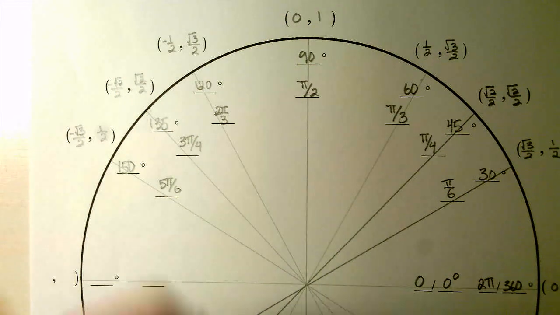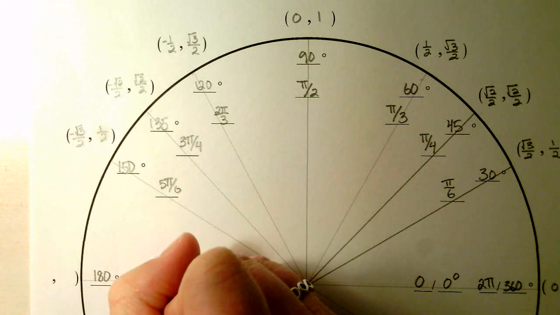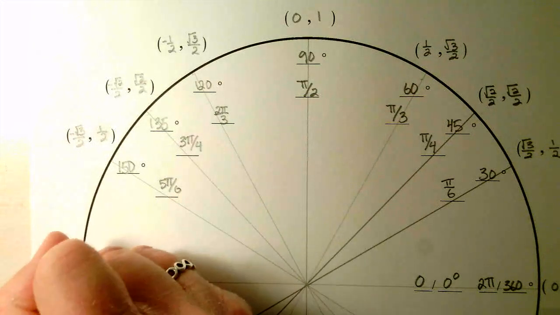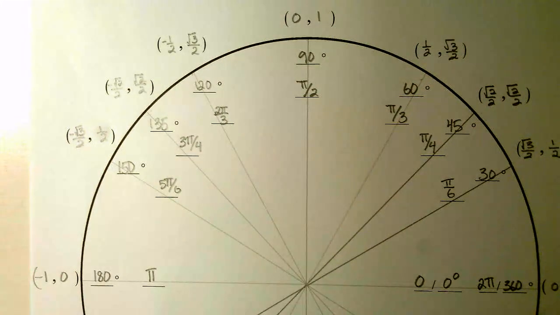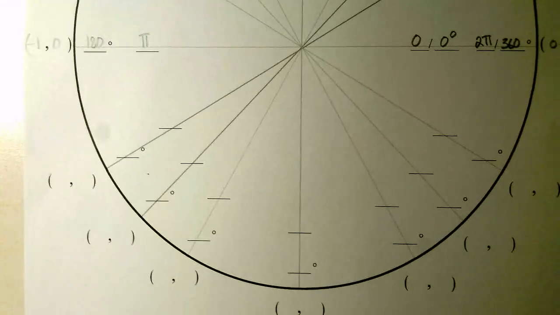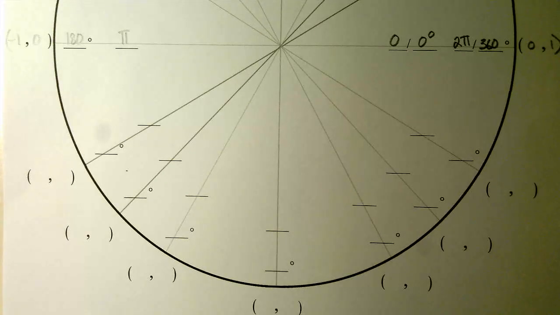Okay, so this was 180 degrees or pi radians, and it corresponds to the point -1, 0. Okay, I would like you to work with reflections to fill out the rest of your unit circle. So pause the video now, take a couple minutes, and come back and check.